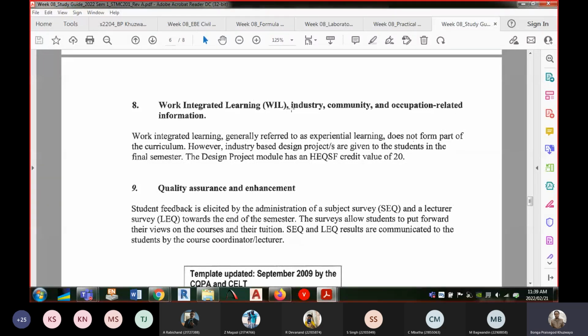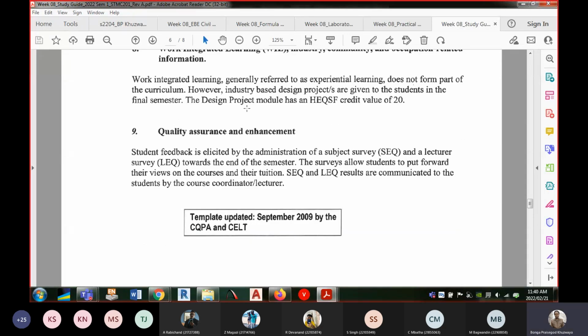We used to call it in-service training. In this qualification, we have a design project module which has 20 credits. So it's not 24, it is 20.